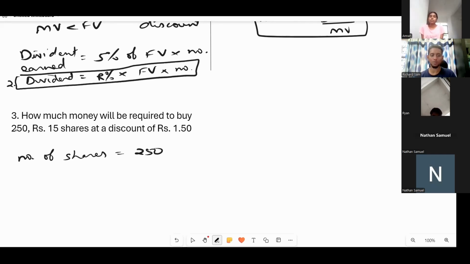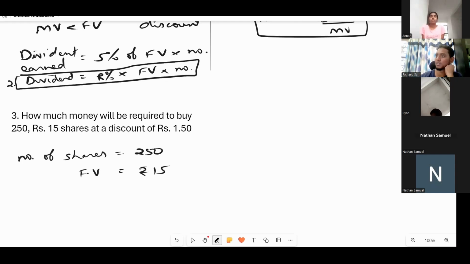What is this rupees 15 shares? That's the face value. The actual value of the share is 15 rupees. We call the share a 15 rupee share. Even if the market value might go up or down, that face value is the name of the share. So that is the face value, rupees 15. Now, how much are they selling it for?